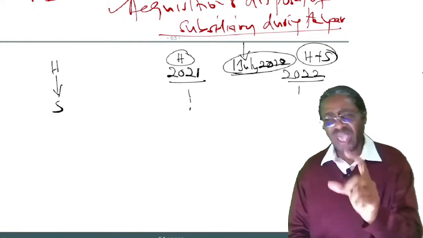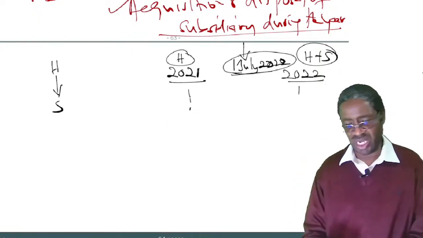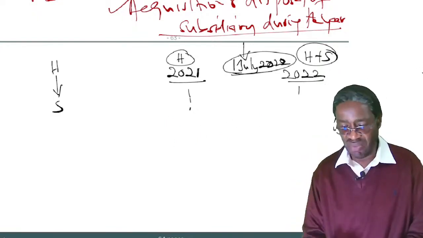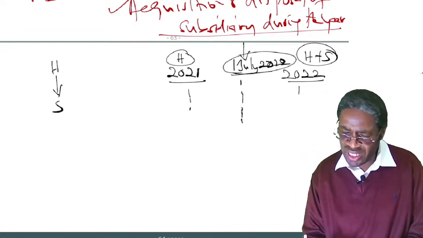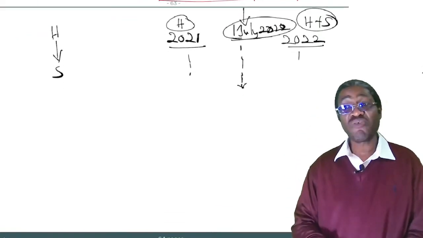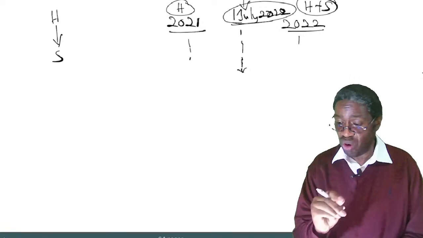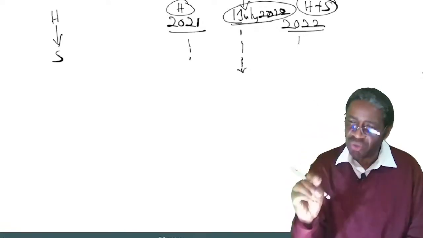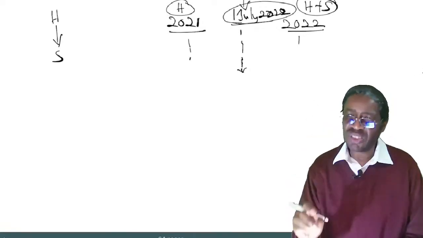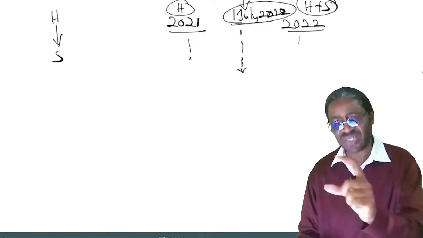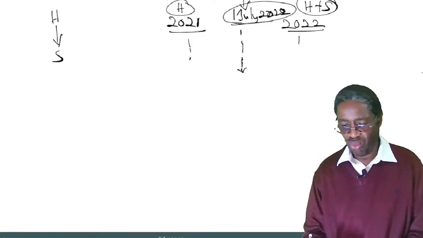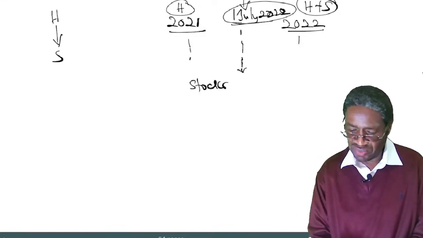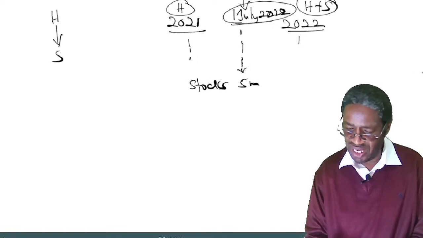When you acquired this subsidiary company during the year, on 1st July, on the date you acquired them, the following were the net assets of our subsidiary. One, they had stocks, maybe amounting to 5 million.